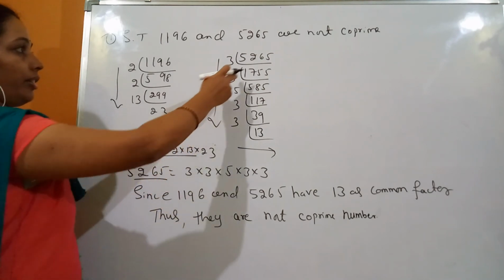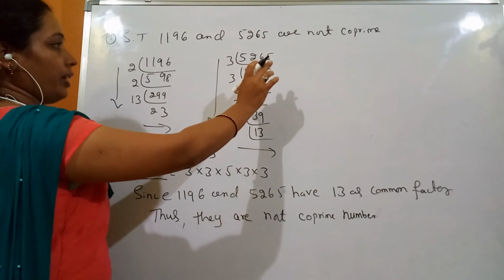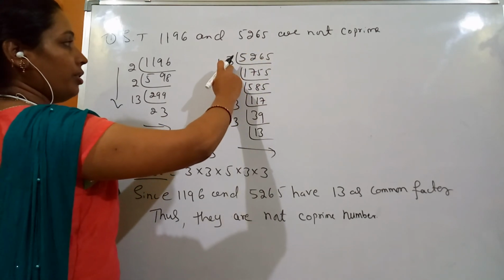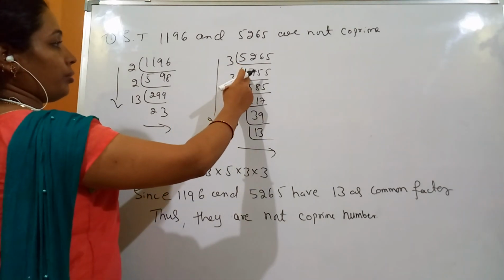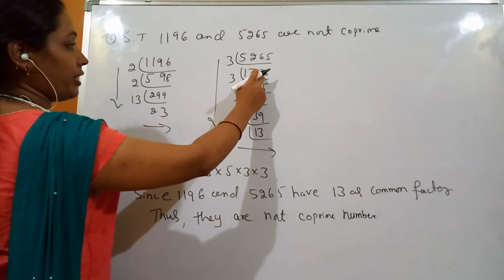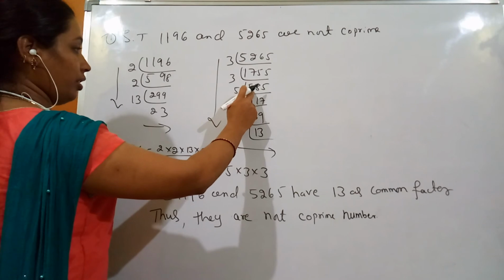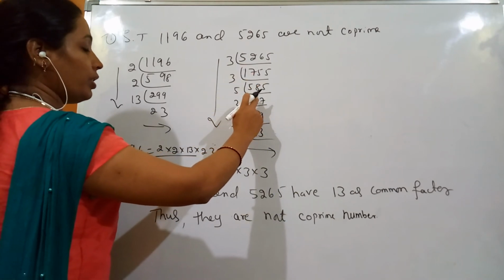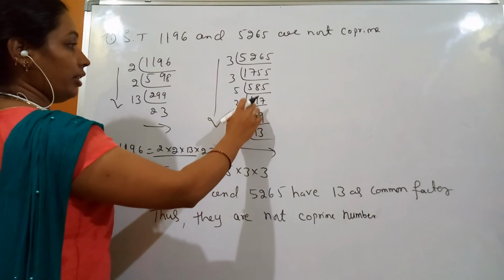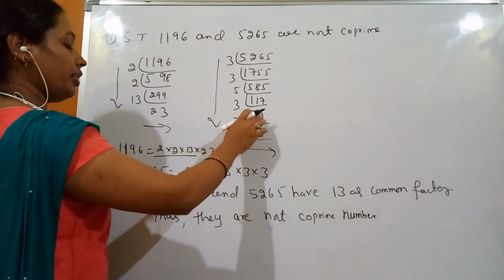Likewise, factorize 5265. It is not divisible by 2, that's why start with the prime number 3. 5265 divided by 3 is 1755, then 585, then 195 is divisible by 5 giving 117, and 117 is divisible by 3 giving 39.